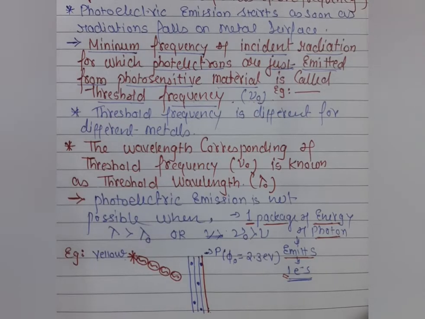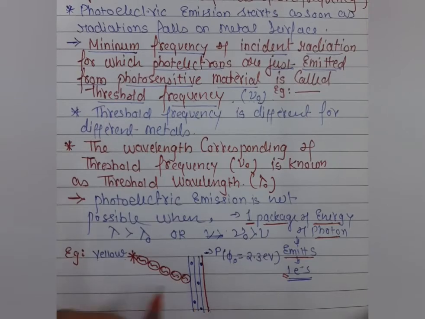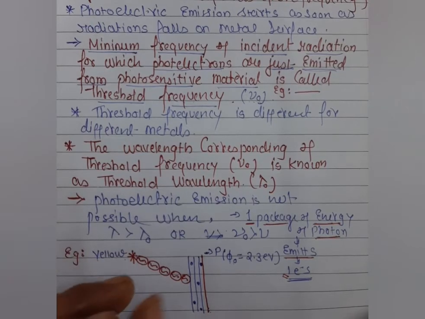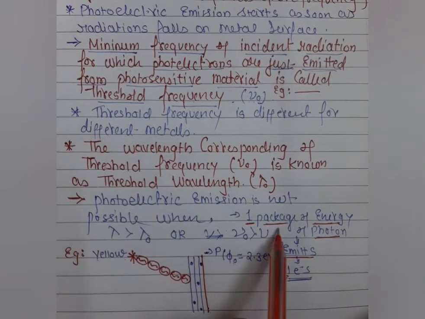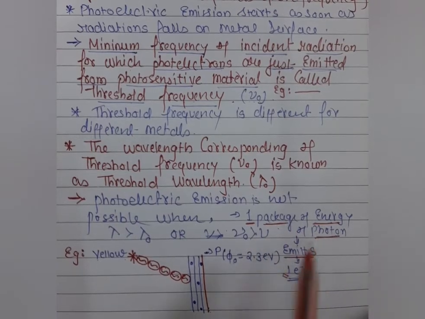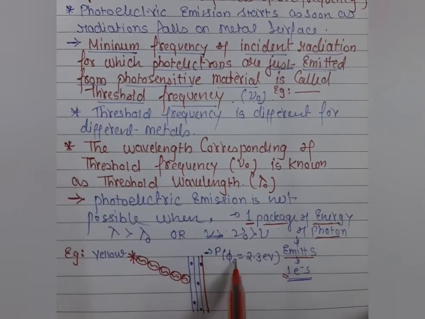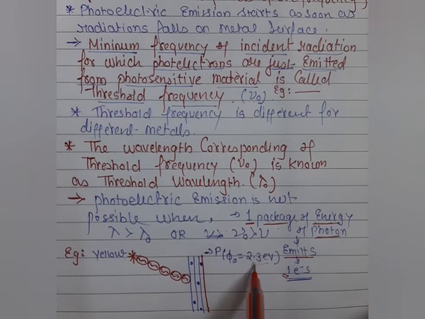And when the light is incident on it, what happens, students? It has some frequency, some energy, because the light is nothing but a package of energy, and the potassium has this much work function, so this much energy is required. So let me consider the light has energy more than this.